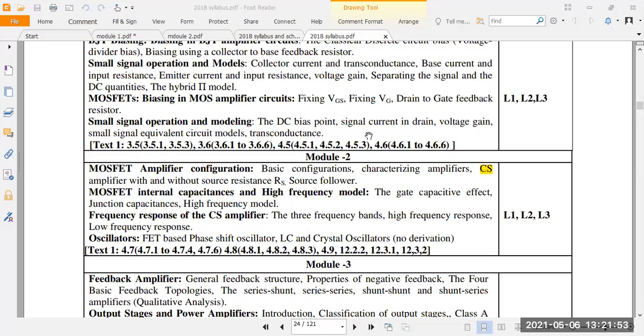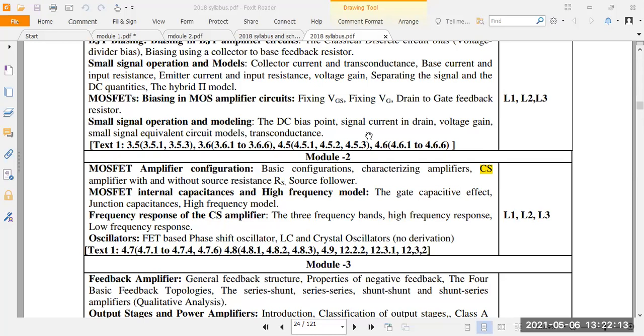So MOSFET means what here? It's a transistor, right? This transistor itself acts as an amplifier when it is in saturation condition. When it is in saturation condition, we write the different configurations, like common source configuration, common drain configuration, and common gate configuration.